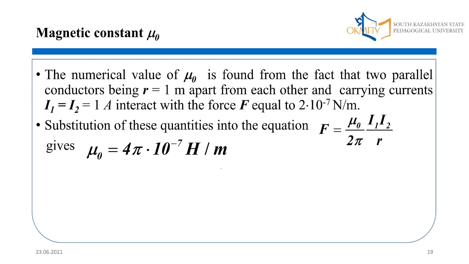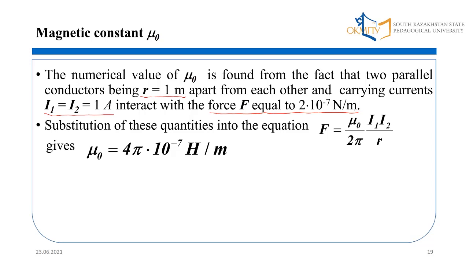The numerical value of the magnetic constant is found from the fact that two parallel conductors, 1 meter apart from each other and carrying a current of 1 ampere, interact with a force equal to 2 times 10 to the minus 7th power Newton per meter.